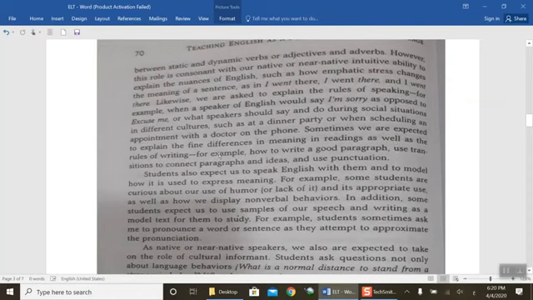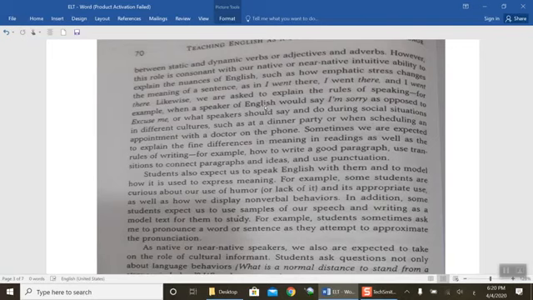Sometimes we are expected to explain the fine differences in meaning in reading as well as the rules of writing. How to write a good paragraph, use transitions to connect paragraphs, and the same idea applies to the whole paragraph. The idea is that English teachers should explain for their students the rules of grammar, for example, and explain about the culture, etc. This is in gist.